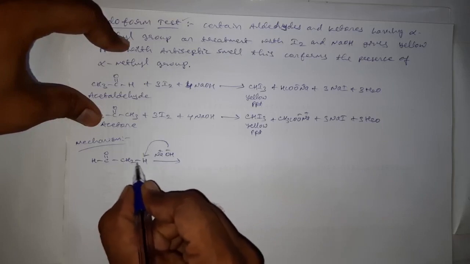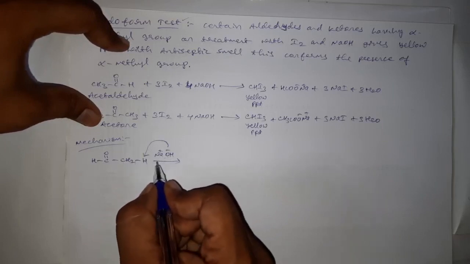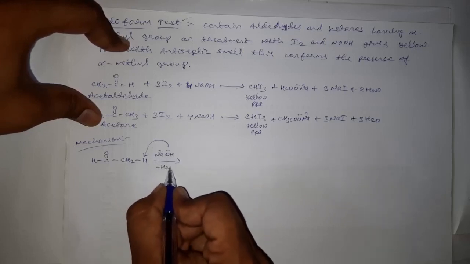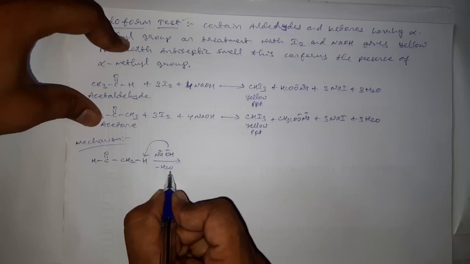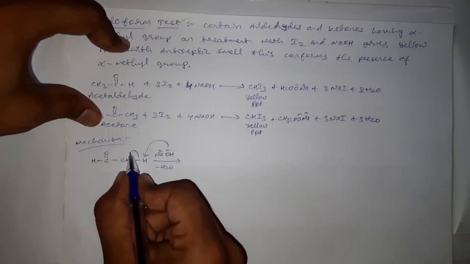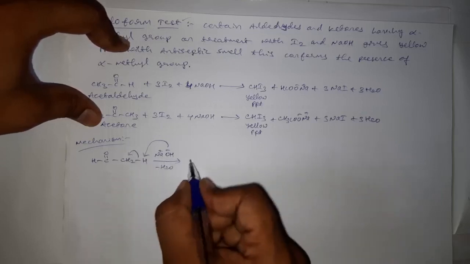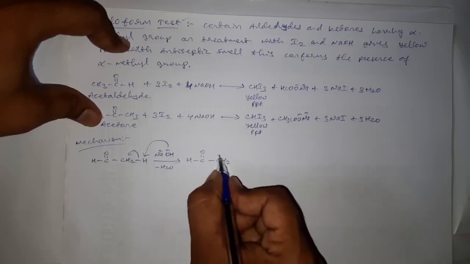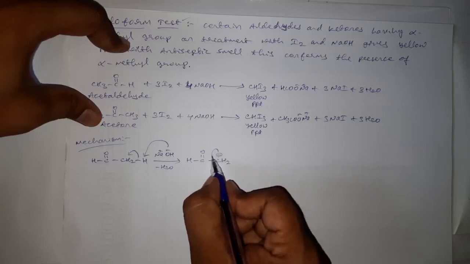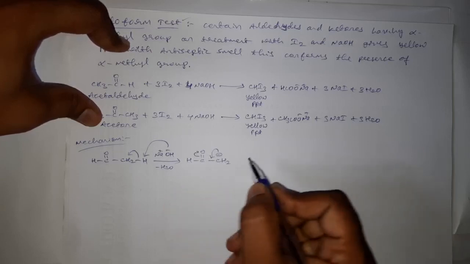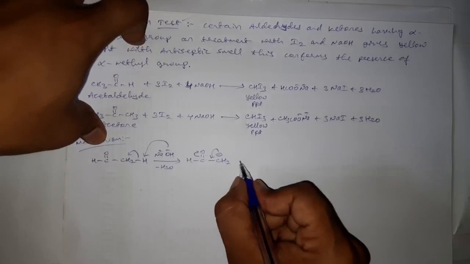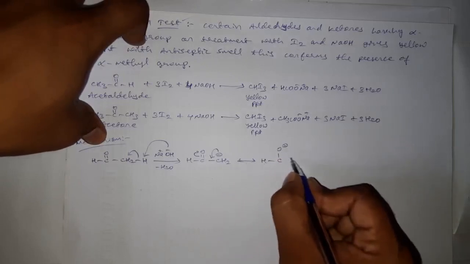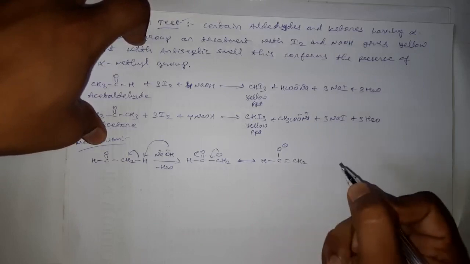These alpha hydrogens are highly acidic in nature, therefore they can easily go as H plus, and it will go out as H2O, and this bond will now move towards the carbon, and here we will get HC double bond O CH2 minus. Okay, and this negative charge will now delocalize through the C double bond O, and here the oxygen will get a negative charge, CH2, correct.